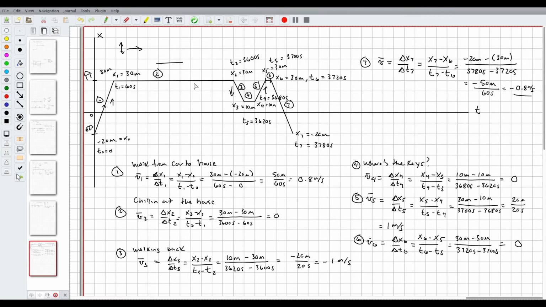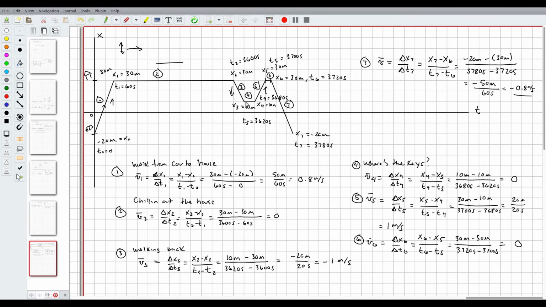Looking at all this, and then looking back on our graph, we can get a sense of what's going on. You can think of the velocity as being present when you have a slope that's not zero. In fact, that's how you interpret the velocity here. The velocity is the slope of these lines. Going from here to here, the slope is 0.8 meters per second. Here, this has no slope, and sure enough, look what happened.